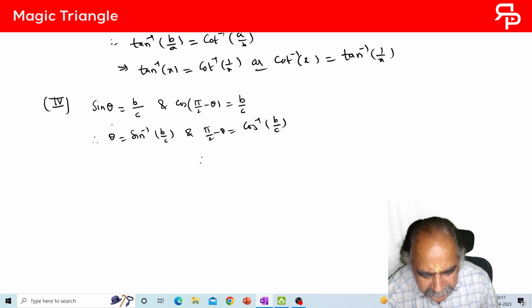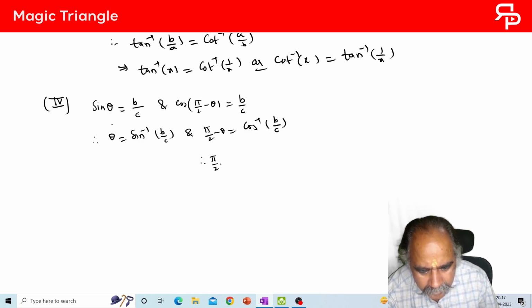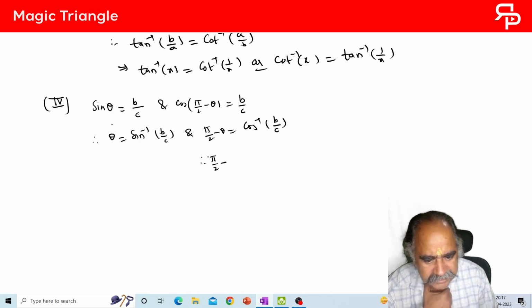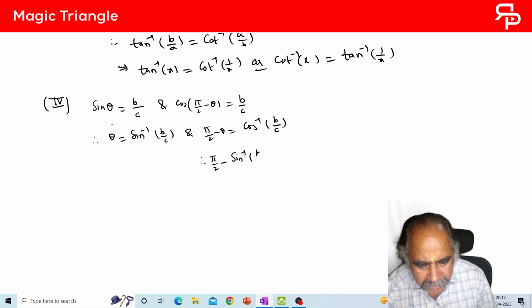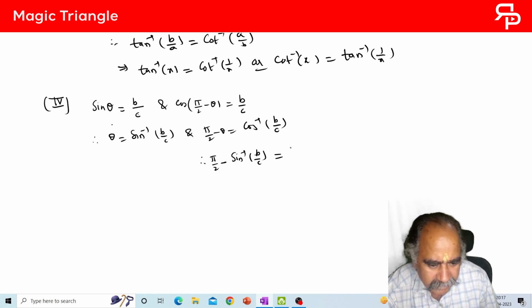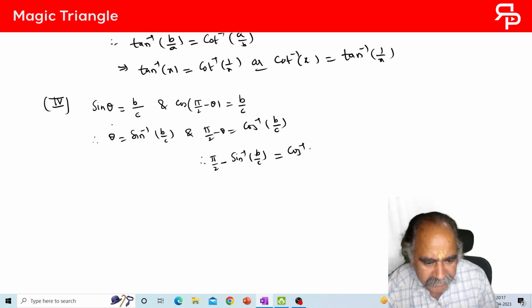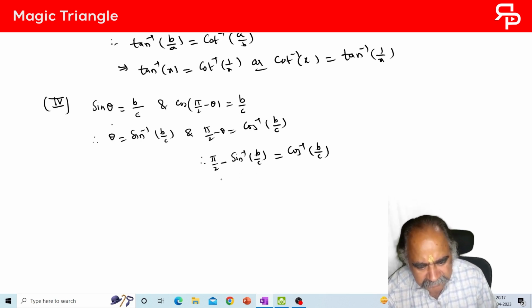Therefore, I'll continue here only. Pi by 2 minus theta is your sin inverse B by C. So in place of theta, I'll write sin inverse B by C, and it is equal to what is there? Cos inverse B by C. Now transfer sin inverse B by C to that side.